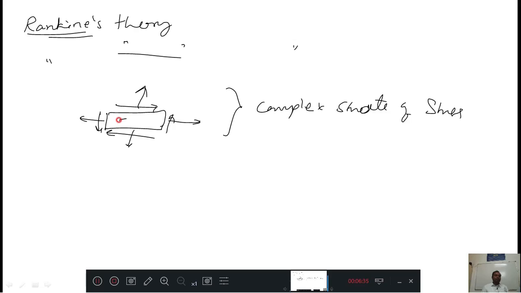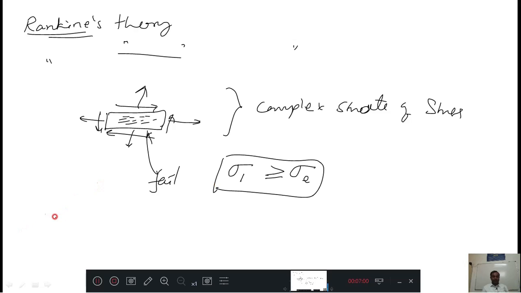It becomes very complex or complicated or compounded. You know? In this case, the material will fail only when the maximum principal stress becomes greater than the yield strength or elastic strength. Okay, elastic strength. Again, understand, every material you consider will have its own elastic strength.